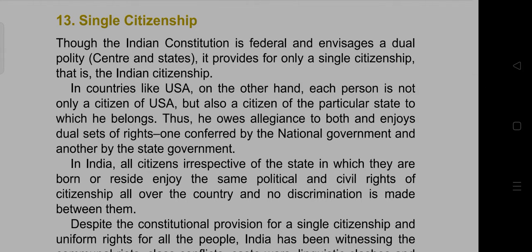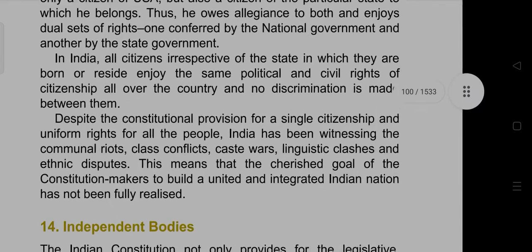13. Single citizenship. Although the Indian Constitution is federal and envisages a dual polity at the center and at the states, it provides for only a single citizenship, that is, Indian citizenship. In countries like the USA, on the other hand, each person is not only a citizen of the USA but also a citizen of a particular state, with dual sets of rights, one conferred by the national government and the other by the state government.